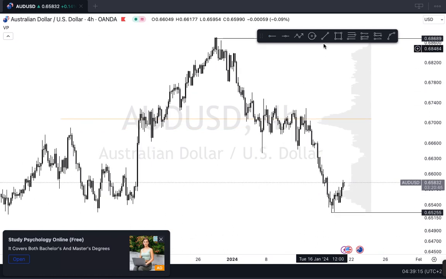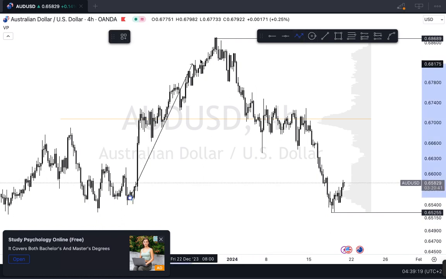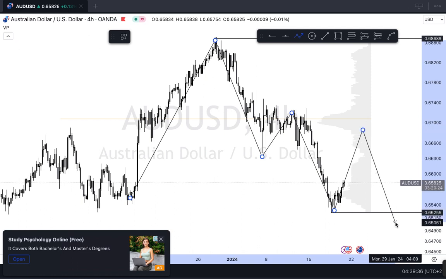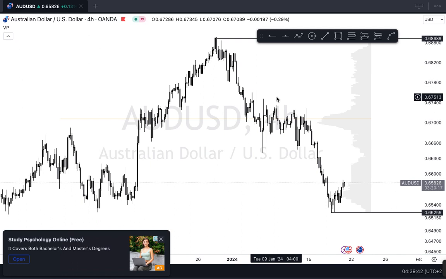The market was pushing to the upside, and then from here it started forming a downtrend, you understand. So we are expecting the market to push to here and test maybe a supply zone, and then continue pushing to the downside. That's our expectation of the market.